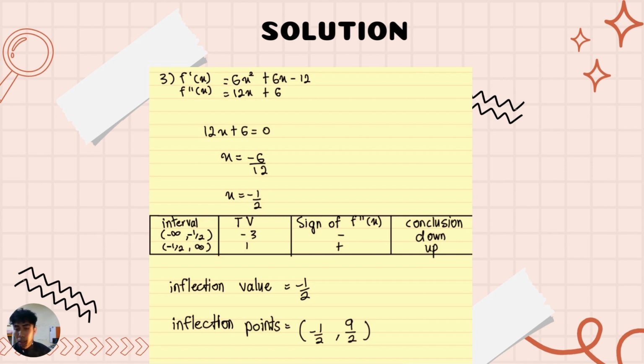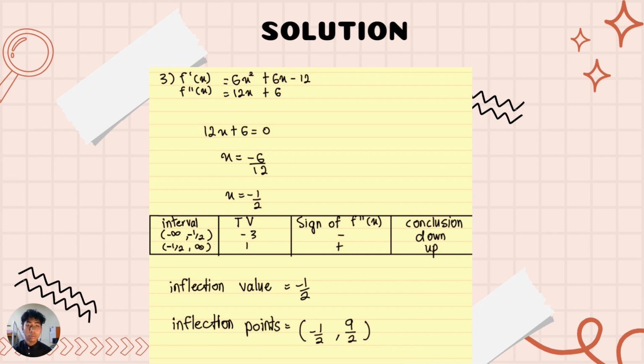So next, we want to find the inflection point. For the inflection point, we have to know the inflection value. So the inflection value is x equal to -1/2. And how to find the inflection point?